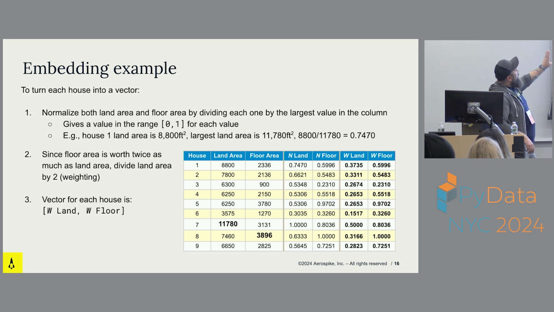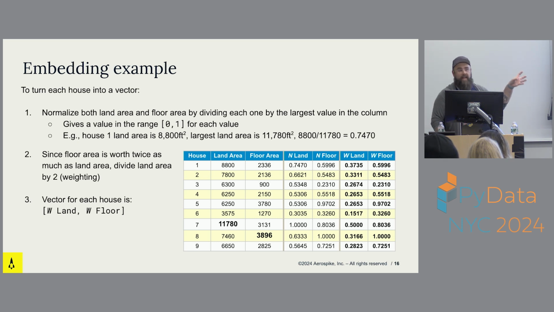Now, we are about twice as worried about the floor area versus the land area. So we are going to divide the land area by 2, effectively giving it a weight of half as much as our floor. And so what we'll end up with for each of these houses is a single vector, 2 dimensions. 1 dimension is the land and 1 dimension is the floor, right?